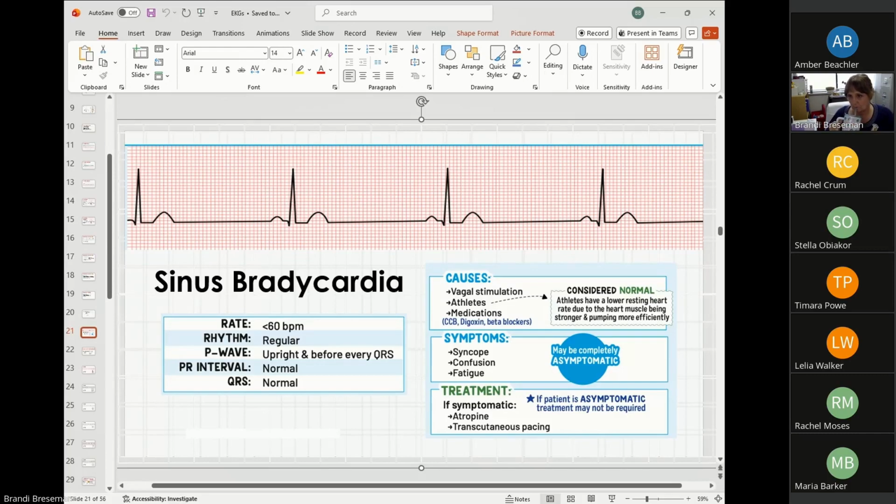Do they have other symptoms associated with it? Yep. What are those symptoms? Dizziness? Okay. Dizziness. Yep. Fatigue. Fatigue. Okay. What else?